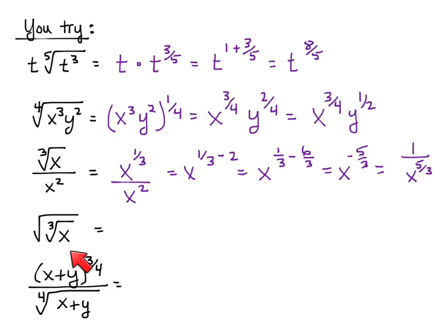Okay, so take a look at this one here, and this will be the last one that we talk about, okay? We'll do this one step at a time. We make the outer one 1/2 and the inner one 1/3, so this represents the square root, this represents the cube root, and now we just multiply the two, so we just get x to the 1/6.